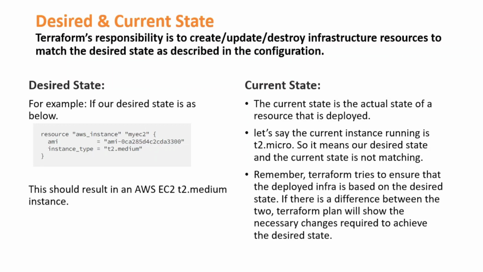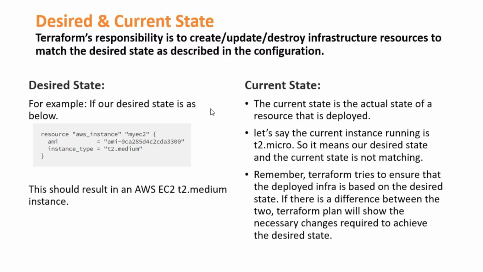So remember, Terraform tries to ensure that the deployed infrastructure is based on the desired state, not on the current state. If there is a difference between the two, terraform plan will show the necessary changes required to achieve the desired state. If you have any confusion, we are going to see these two states in the demo, so you will easily understand the difference.